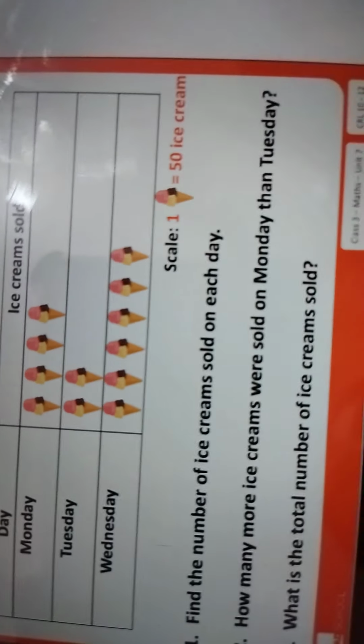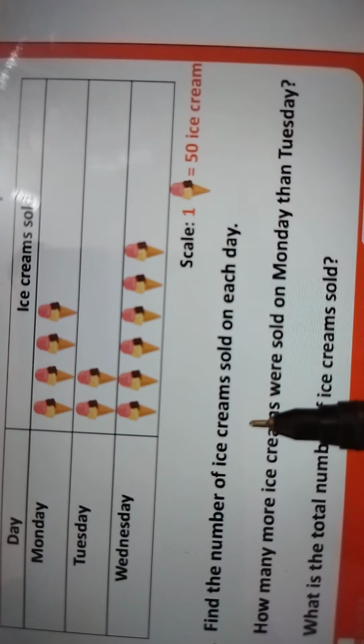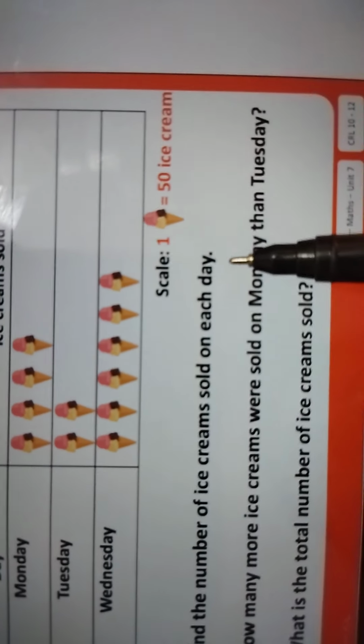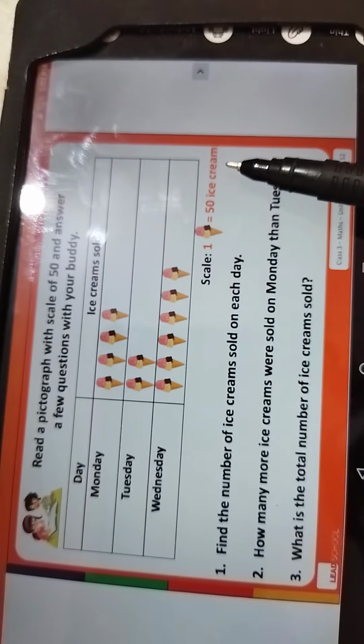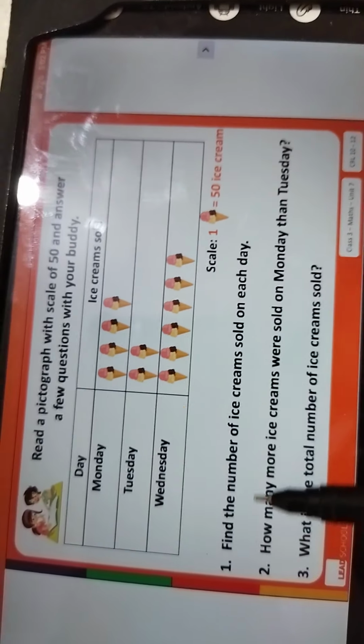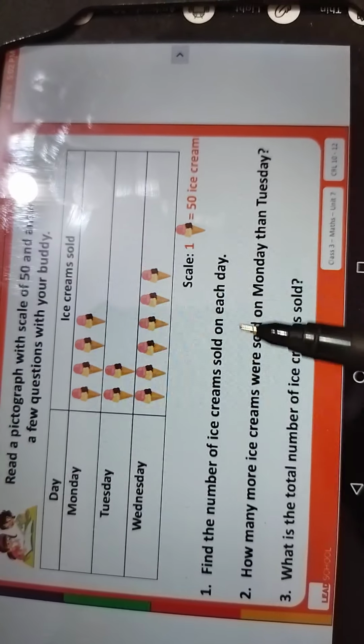Now look at this. Find the number of ice creams sold on each day. Here 1 ice cream is equal to 15 ice creams. We have to find the number of ice creams sold on each day.